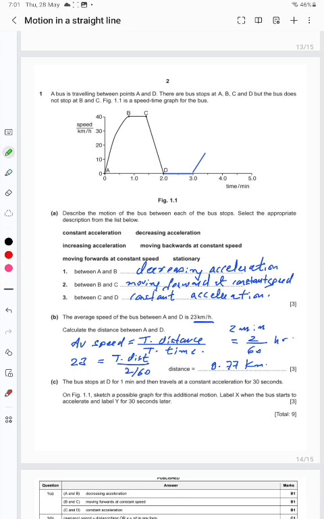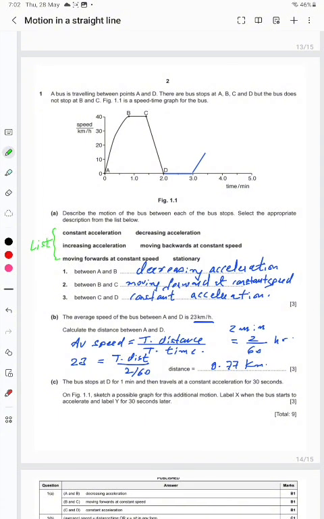Part A. Describe the motion of the bus between each of the bus stops. Select the appropriate description from the list below. So there is a list over here. You have to choose from here and answer 1, 2, and 3.